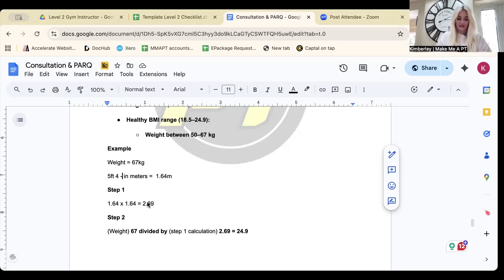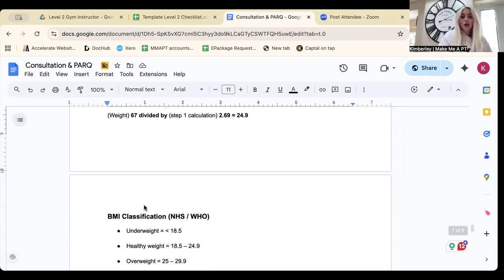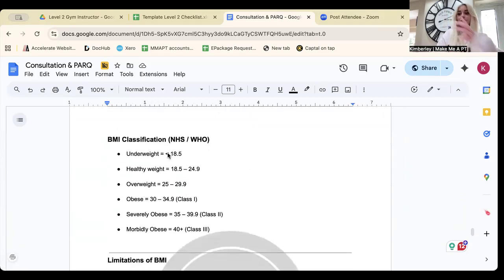The weight is 67 kg. Then we're going to divide it by the height, which is 2.69, equals, there we go. So we've got the BMI score, which is 24.9.